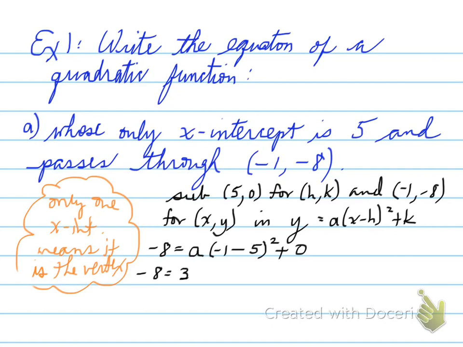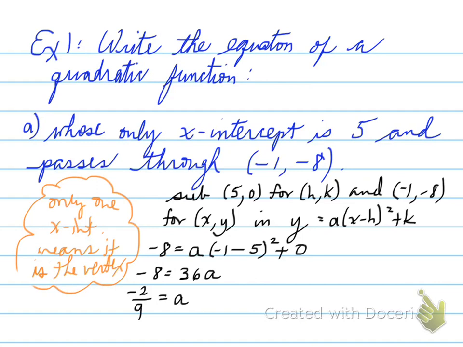And now we solve for a, and we end up with -8 is equal to 36a. That means a is equal to -2/9. When we divide both sides by 36, it reduces to -2/9. So that is my a value.